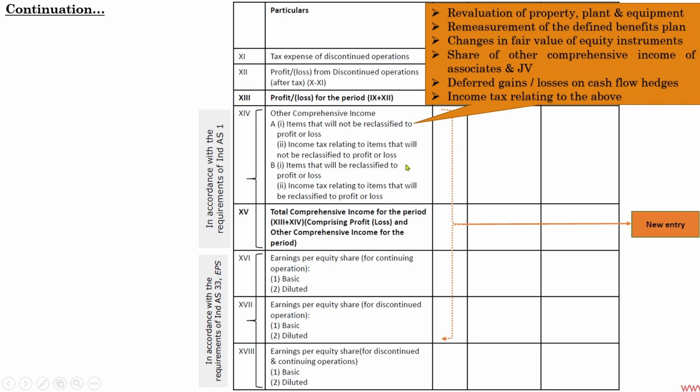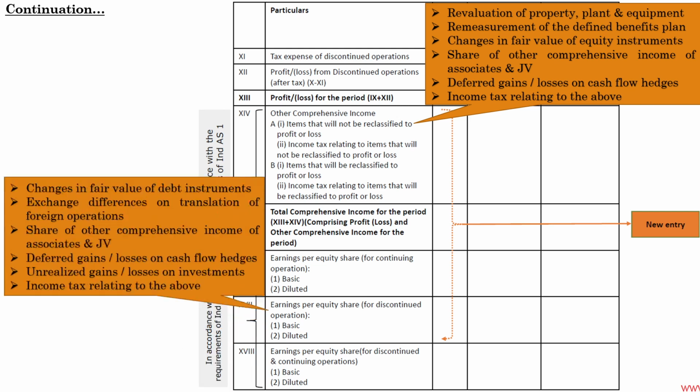Next one, the other category is items that will be reclassified to profit or loss. What are the contents that come under items that will be reclassified to profit or loss?